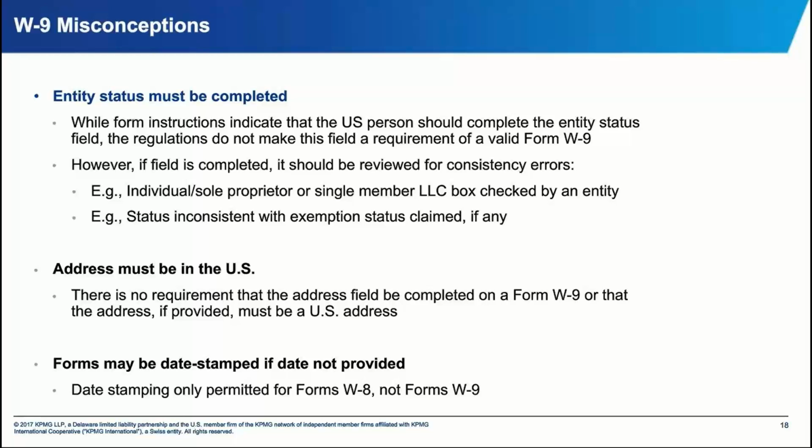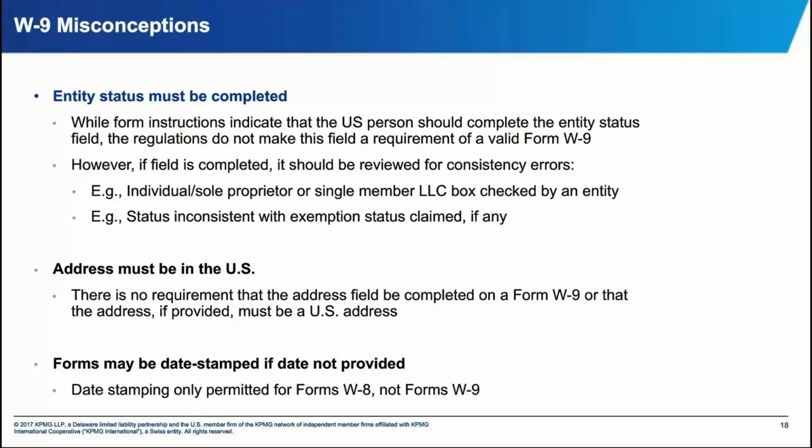And then the final one, this one's a very odd one. And unfortunately, it sticks around. We've asked the IRS about this many times, but haven't gotten any movement there. The instructions to the W-8 forms, those forms provided by non-U.S. persons, the instructions say if the person didn't date the form, the withholding agent that's receiving that form can date stamp it on the date they received it. And the reason that's important, of course, is because there's a validity period.